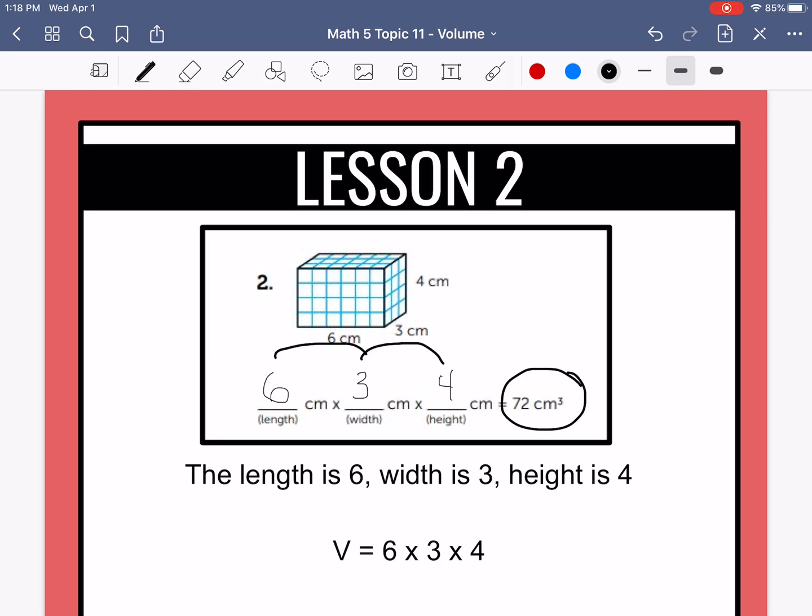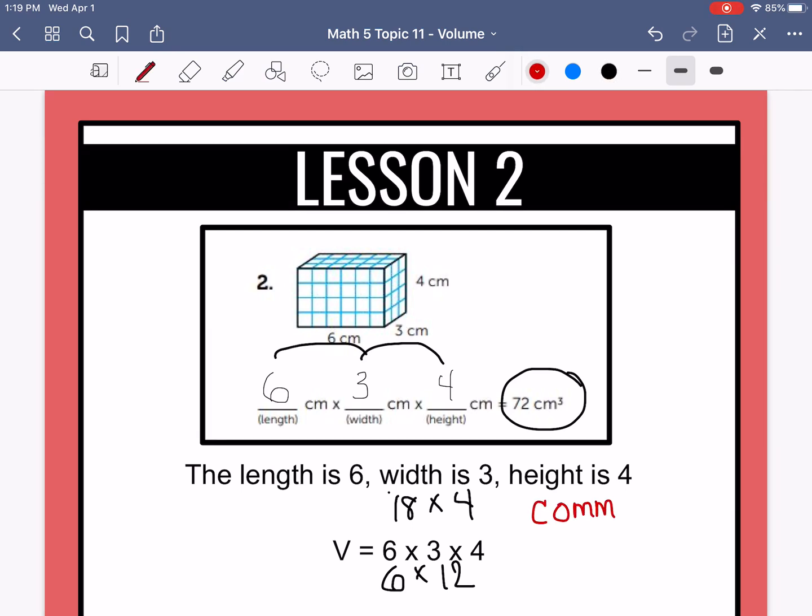So you can multiply this in any way that you feel like. I knew 6 times 3 was 18, but I didn't know what 18 times 4 was. That wasn't a good choice for me. So what I did was I took 6 times 12 because I knew that one without figuring anything out. You can multiply in any way you want because again, remember it is called commutative.